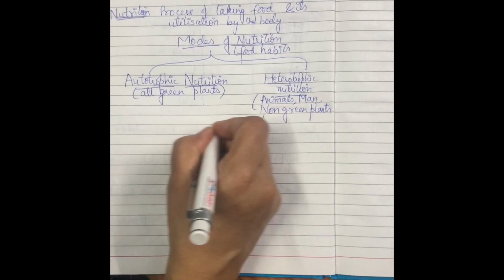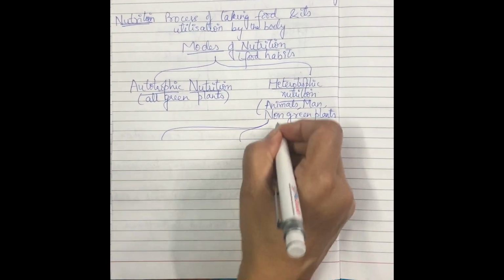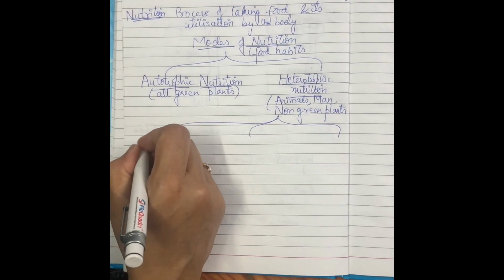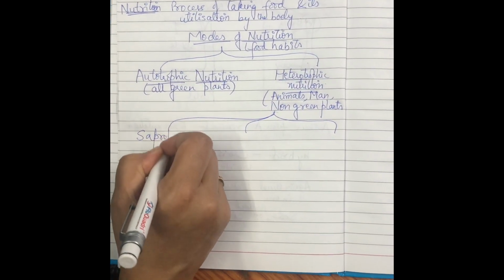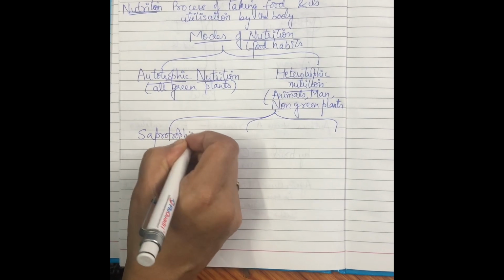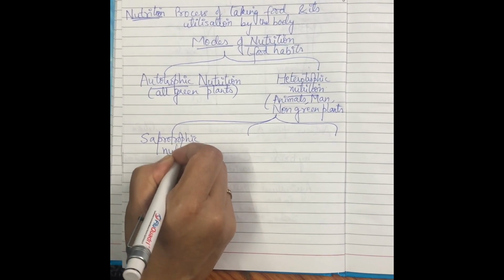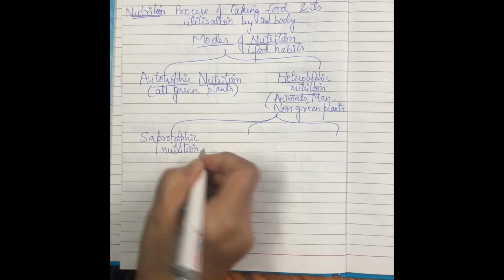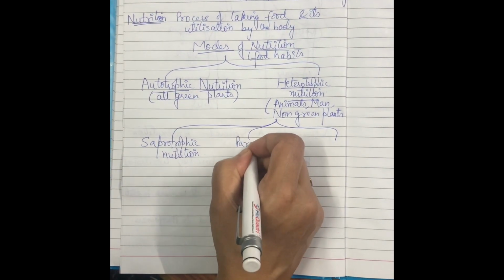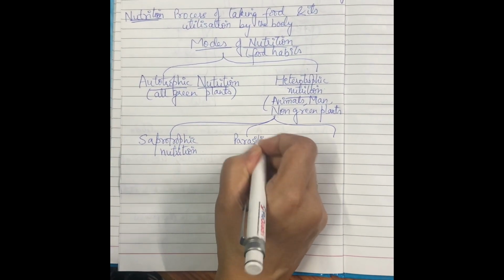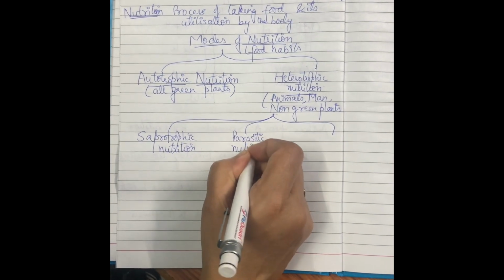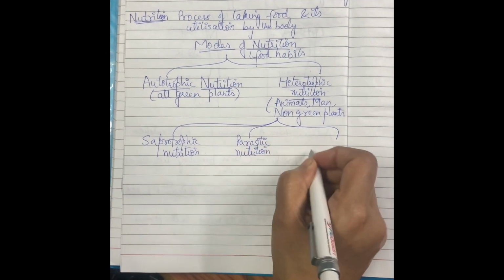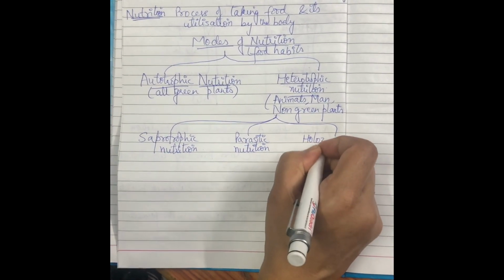This heterotrophic nutrition is of three types: saprotrophic nutrition, parasitic nutrition, and holozoic nutrition.